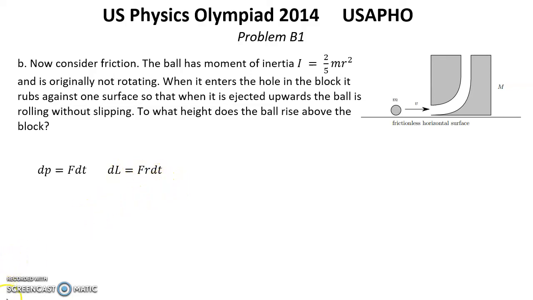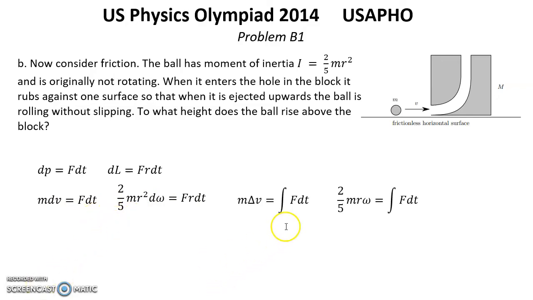We have these two formulas, and here we have the force of friction, which is not constant, but still we can do an integral for both of them. Basically, as a result, we have the same integral for both equations, and we can just equalize both left parts. So we have delta V equal 2 over 5 r omega.